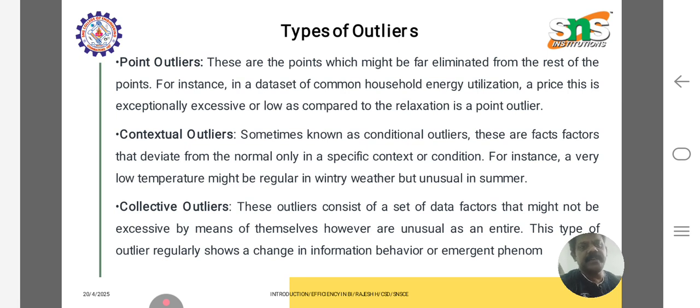For instance, a very low temperature might be regular in winter but unusual in summer. A third category is collective outliers. These consist of a set of data vectors that might not be extreme by themselves, but are unusual as a whole. This type of outlier often shows a change in data behavior or an emergent phenomenon.